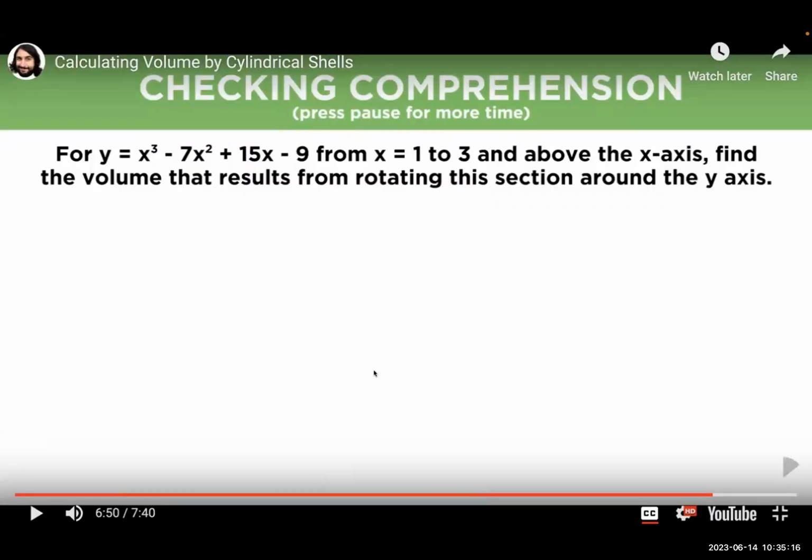So I want you to copy down this question. y equal to x cubed minus 7x squared plus 15x minus 9.